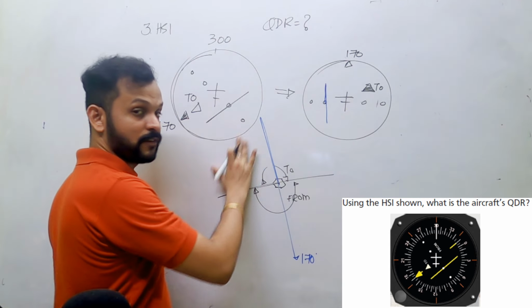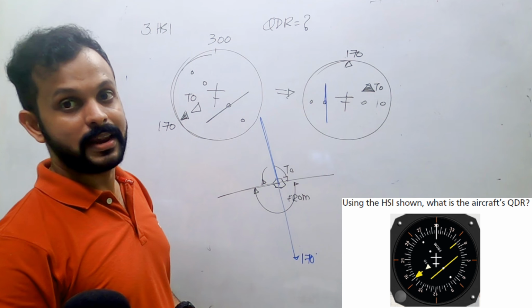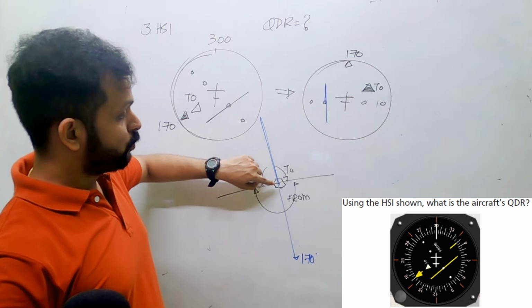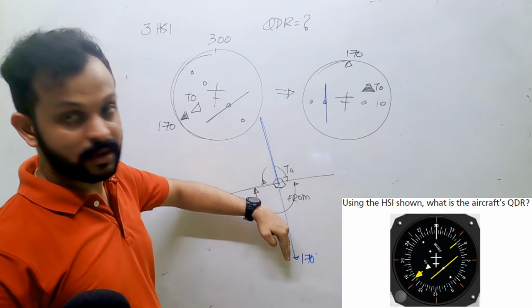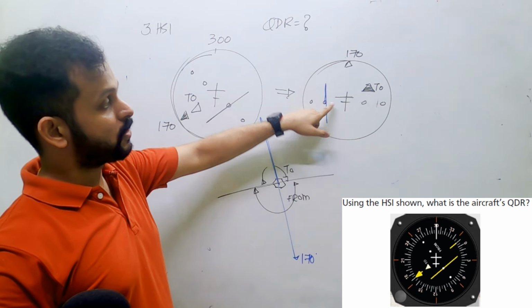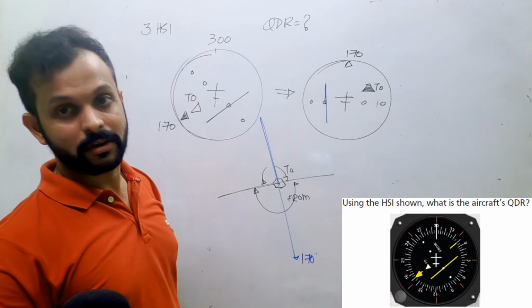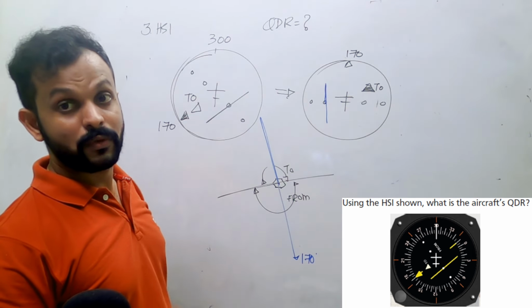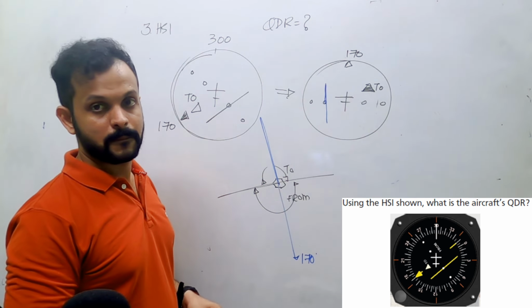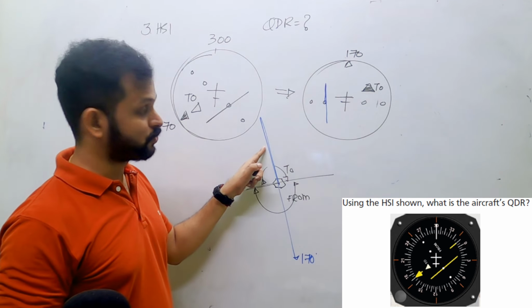So the aircraft is somewhere here, right? What is the CDI telling you? It is asking you to fly left, right? So now you place yourself here, looking at the 170 OBS radial. You are telling that your required radial is to the left of the aircraft. So where is the aircraft radial here? You are asking the aircraft to fly left if it wants to get onto this radial.